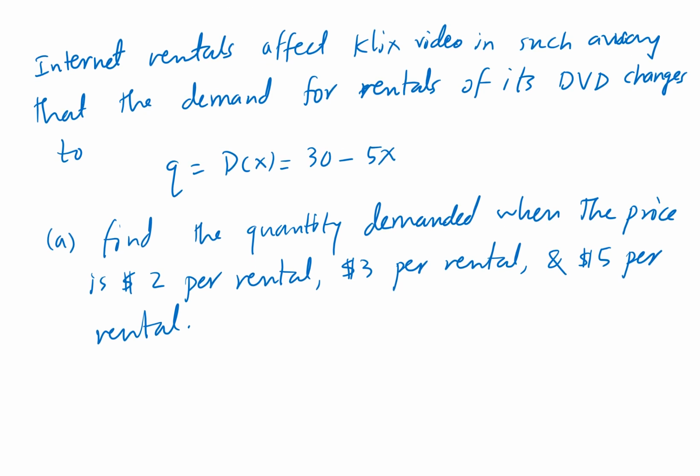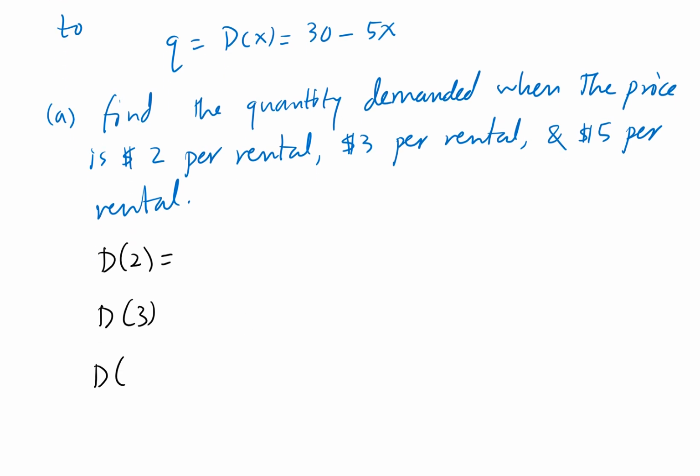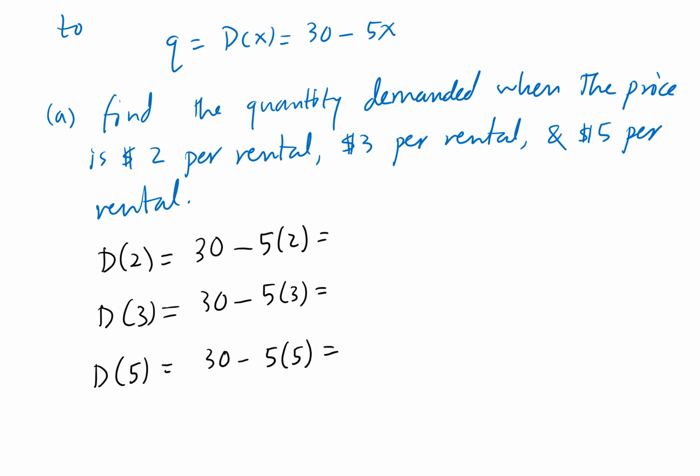So they just give you the price and they want you to find the demand. So they want you to find D at $2, D at $3, D at $5. All we have to do is straight substitution into the given demand function, 30 minus 5x: 30 minus 5 times 2, 30 minus 5 times 3, and 30 minus 5 times 5. That would give us 30 minus 10, which is 20, 30 minus 15, 15, and 30 minus 25, 5.